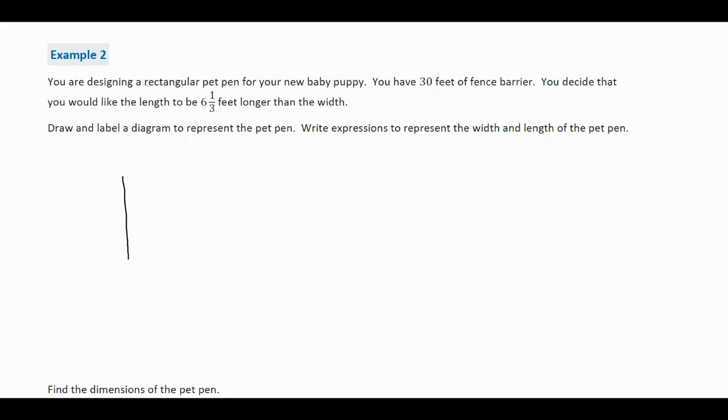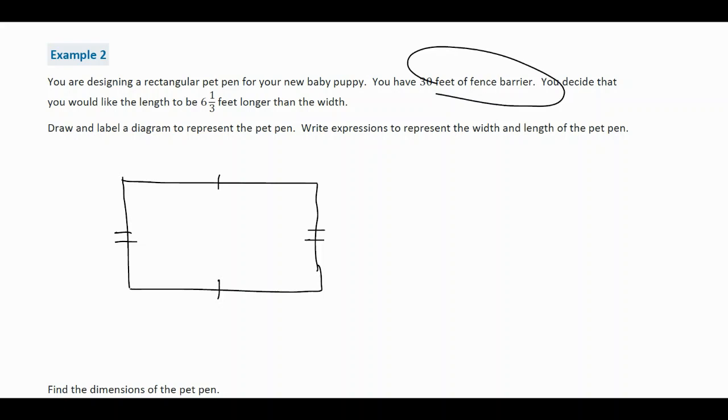So it says it's going to be a rectangular pet pen. I'm sorry if my rectangle is not perfect, but I'm going to put signs that they are equal. All right. So it says here you have 30 feet of fence barrier.